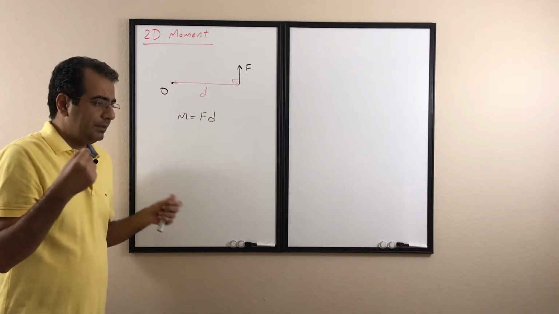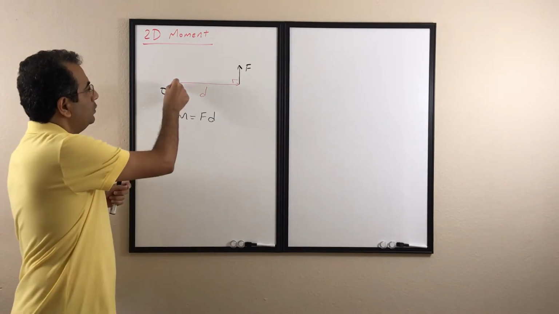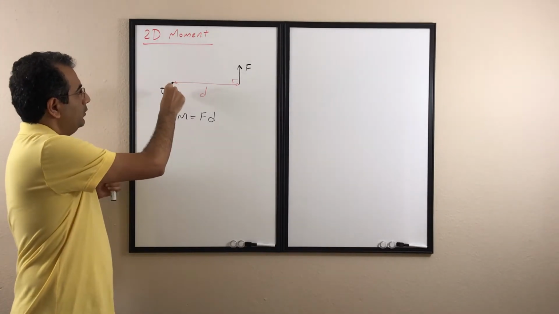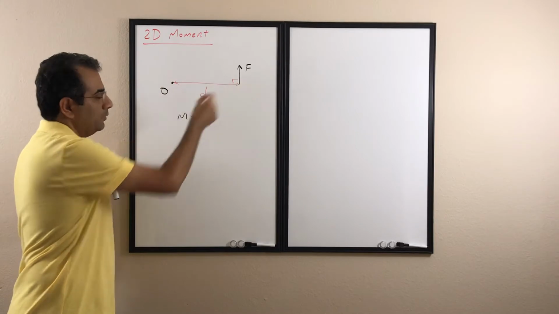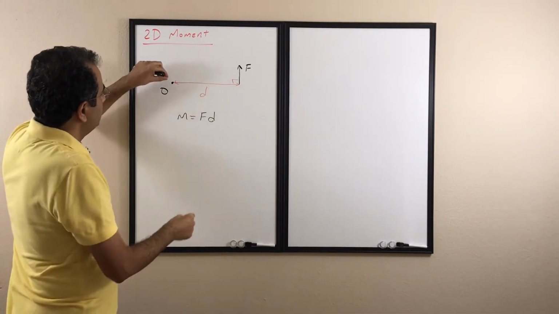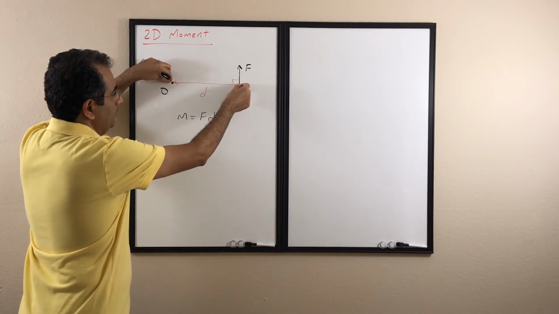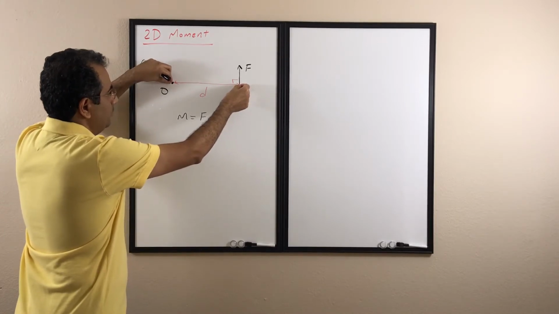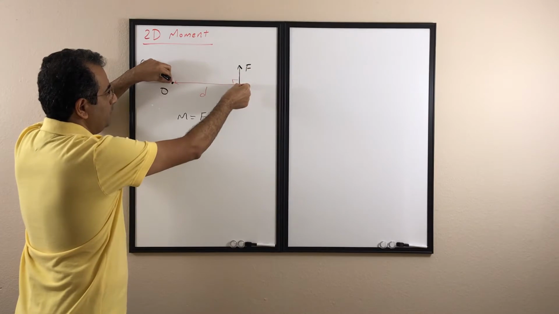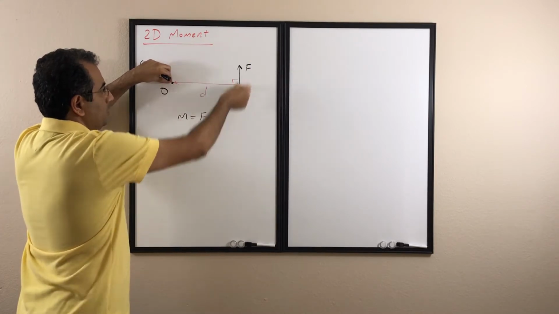Probably the easiest way is to assume a cord or a rope connects the point to the force. So assume I put a cord here, with the other end of the cord on the force. Fix this end of the rope and see, if you apply that force, which direction it is going to rotate that rope.